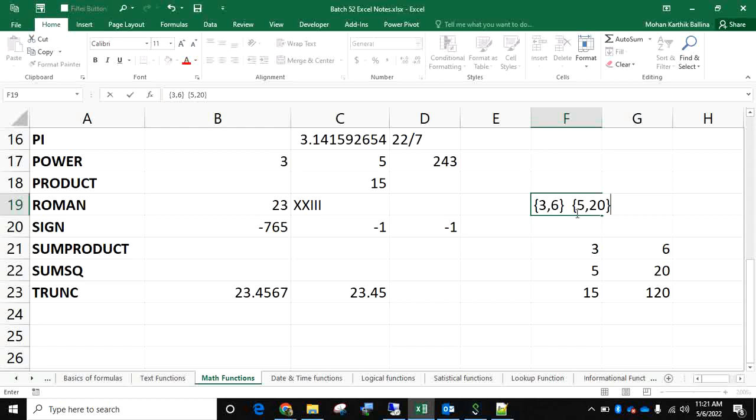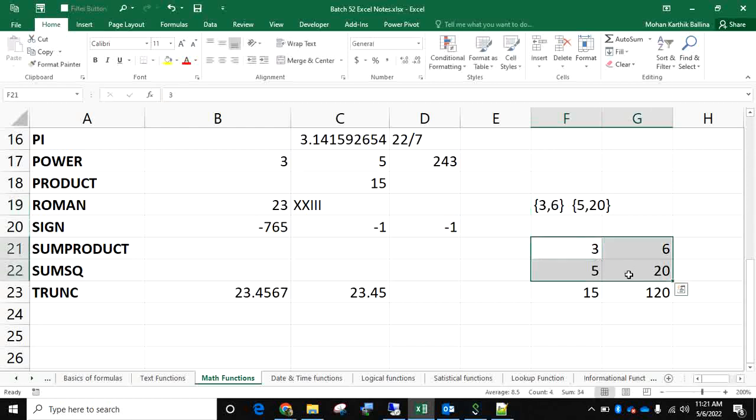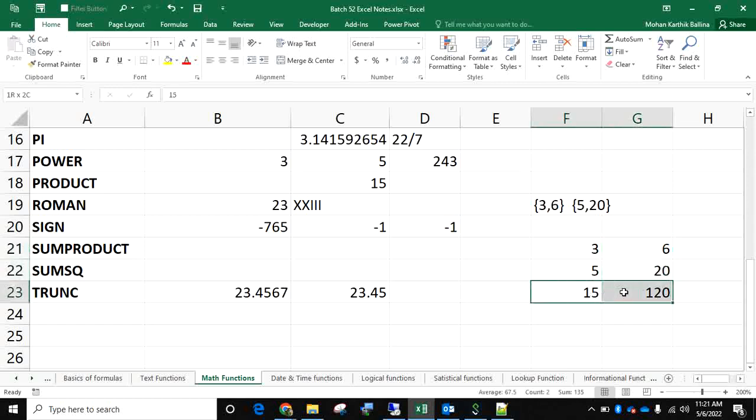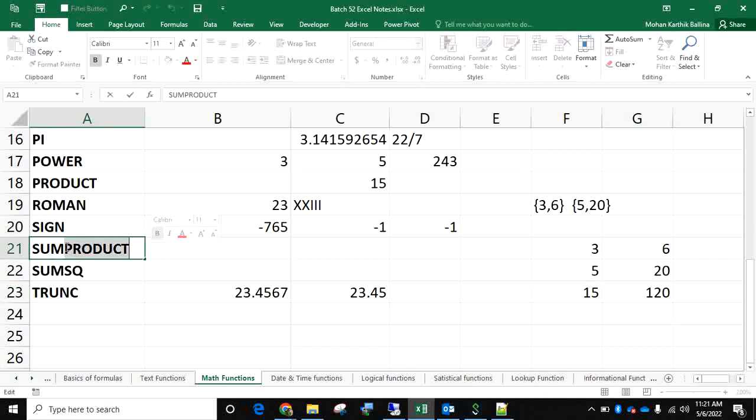So this is what I have written here. SUMPRODUCT will do the product: first value with first value, 3 5s are 15. Then second value with second value, 6 20s are 120. 120 plus 15, 135. Did you understand? First we need to do the product, then add the sum.